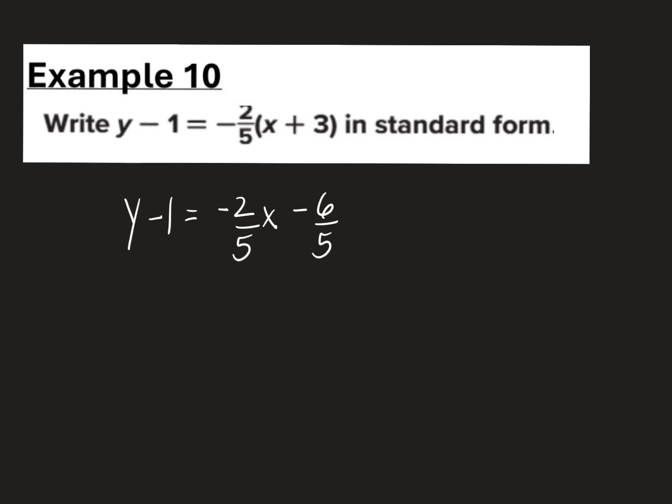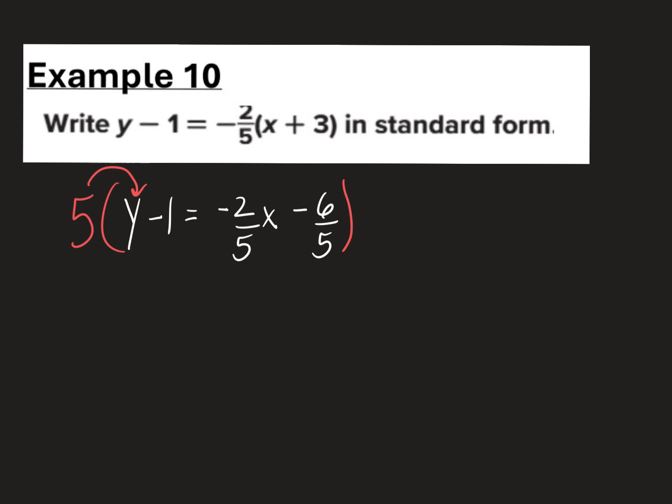The first thing I'm going to do is get rid of the fraction. I'm going to multiply everything by the least common denominator. The denominators I have are 1, 1, 5, and 5. So the least common denominator of 1, 1, 5, and 5 is 5. So I'm going to multiply everything by 5.